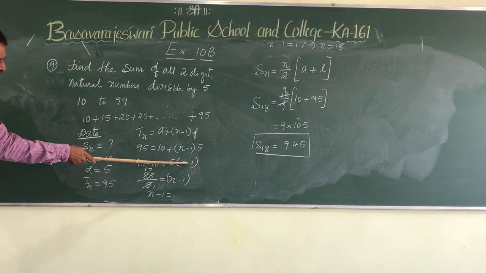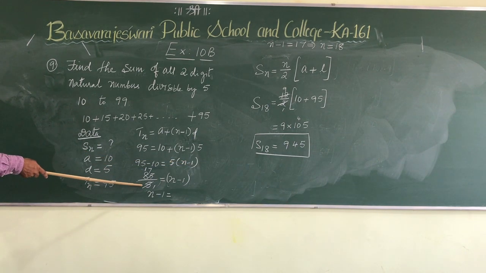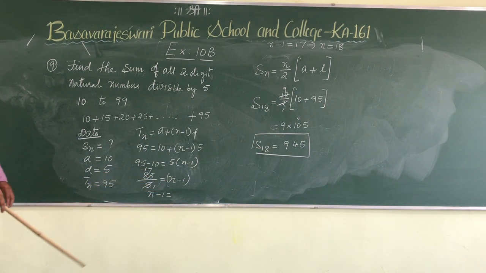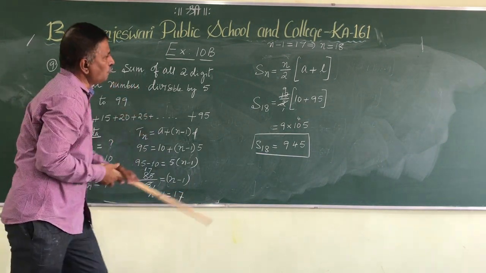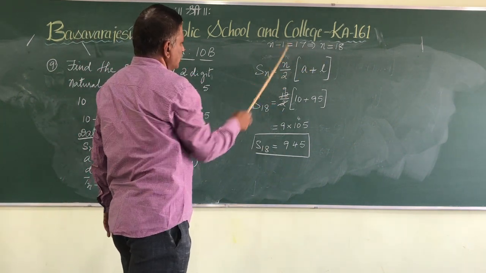Since 5 is multiplied with (n minus 1), if I bring it to the left hand side, that will become divide. So 5 17 times will be 85. So n minus 1 is equal to 17, therefore n is 18 if I send 1 that side.